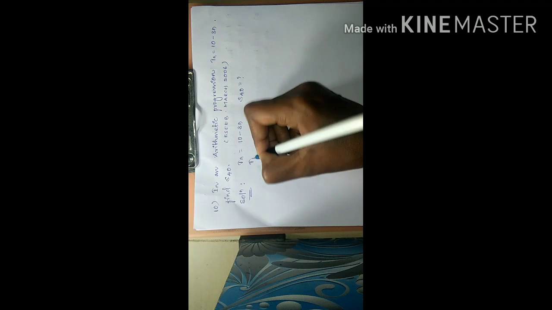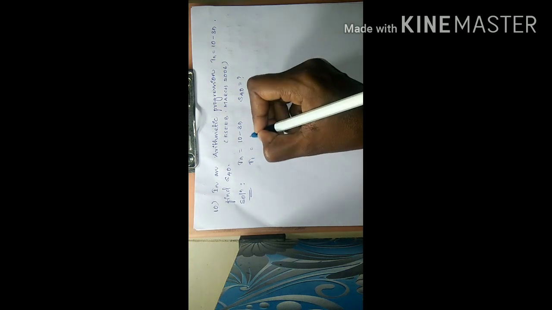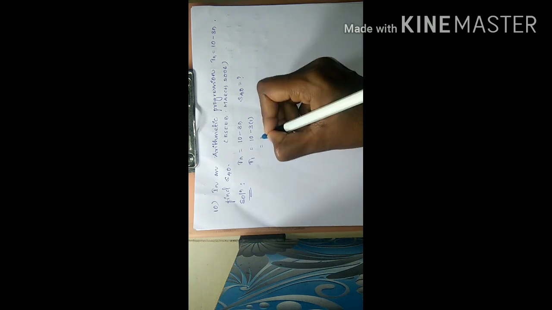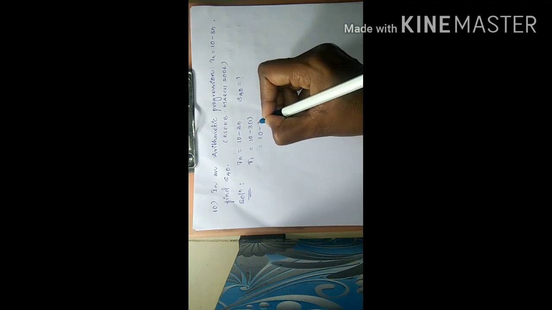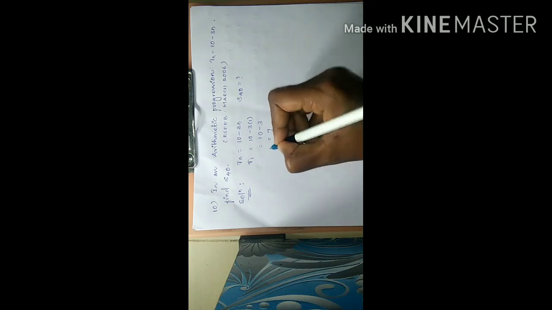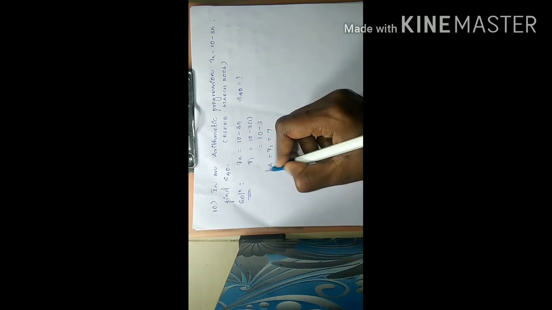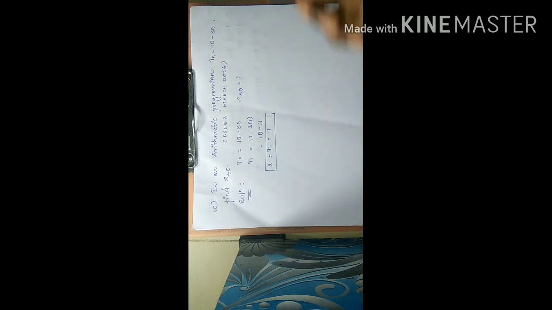So, find out T1 is equal to 10 minus 3 into 1. That is equal to 10 minus 3 ones are 3, that is equal to 7. So T1, that also is equal to a, is equal to 7.